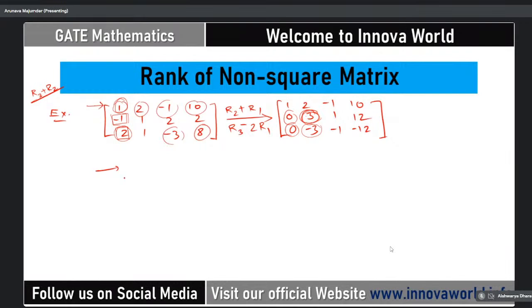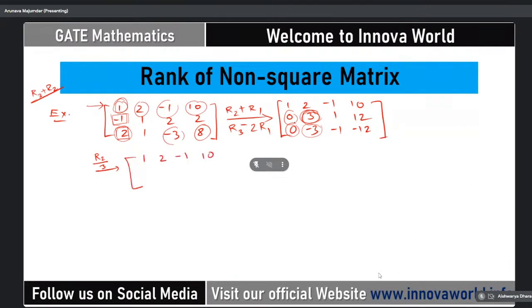How can we make the second diagonal element 1? It is R2 divided by 3. So the first row stays 1 2 minus 1 10, and the second becomes 0 1 1/3 and 4, and the third is 0 minus 3 minus 1 minus 12.